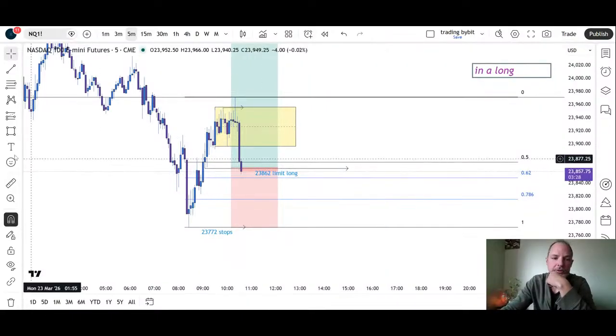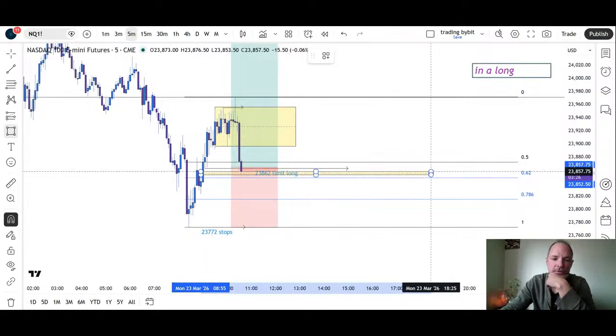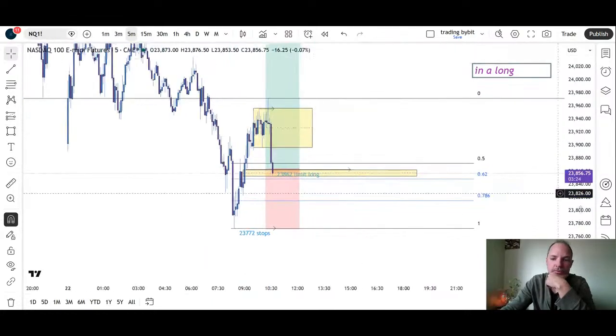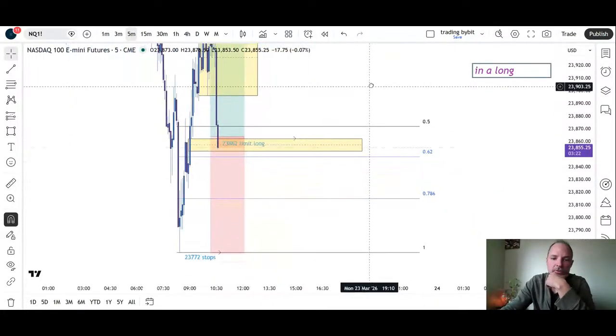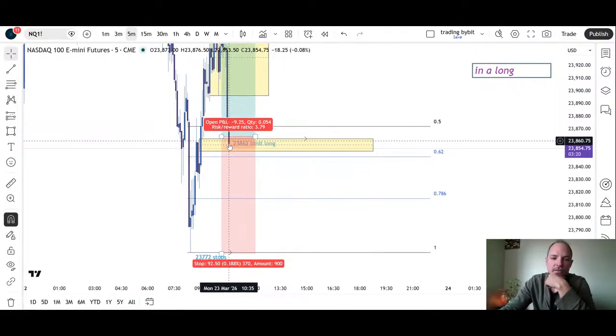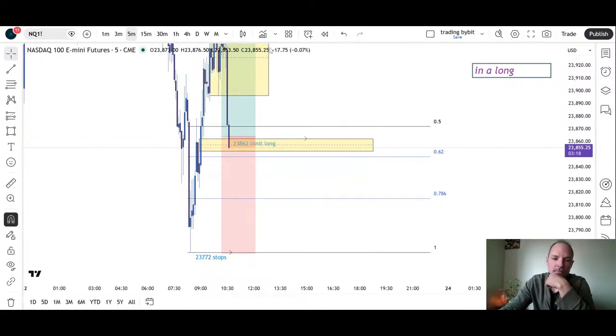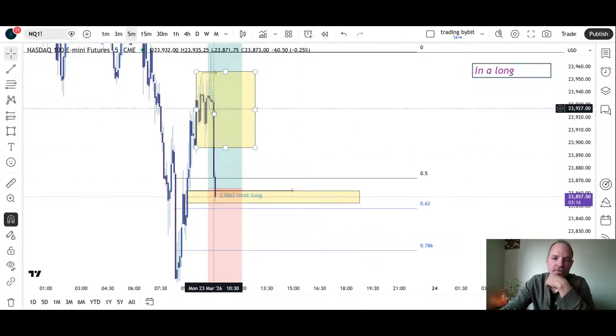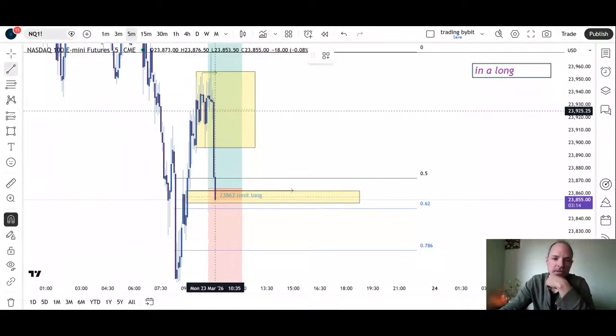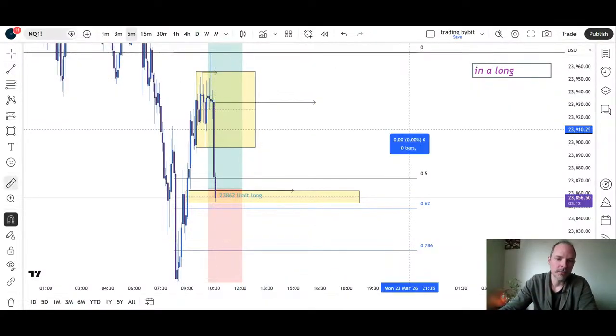So we're now trading in this 5-minute fair value gap. We actually took our entry just below fair value of price. So now we want to see that the market needs to go back up. Once it gets above our entry and we see it go all the way back to the high of this candle, we're good to go.